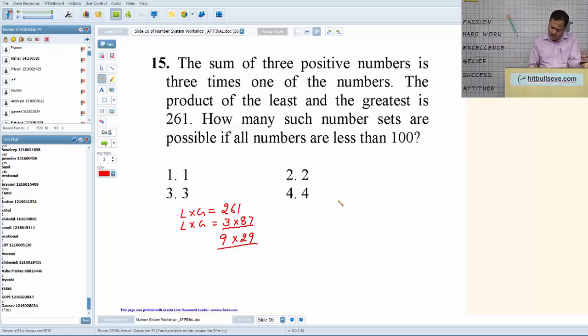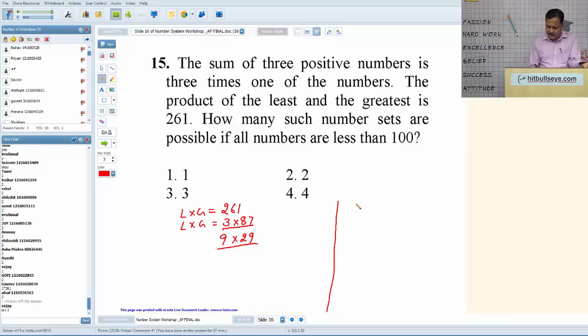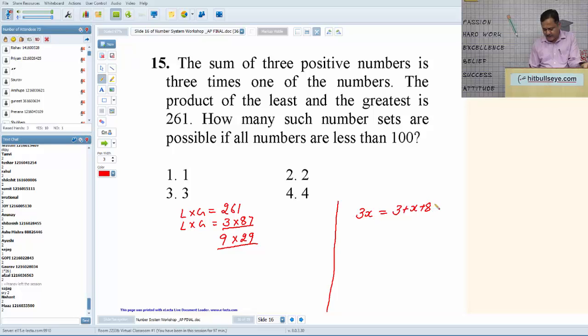If you want to get the third number, we know that thrice of the number is equal to the sum of the three positive numbers. Suppose in the first case we have 3, the second number x, and 87, so x would be equal to 45.